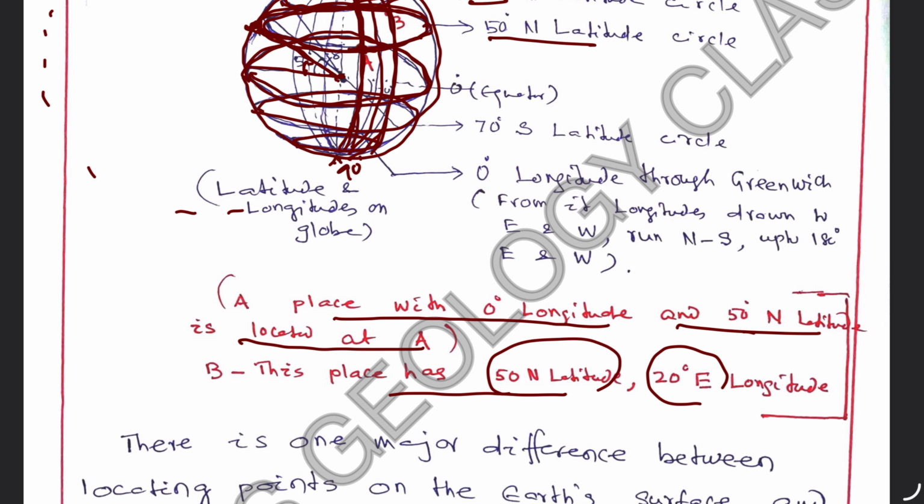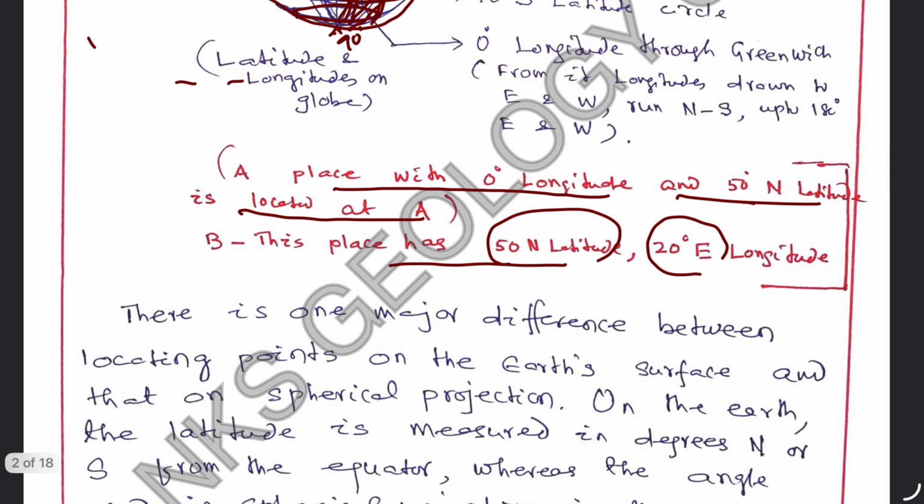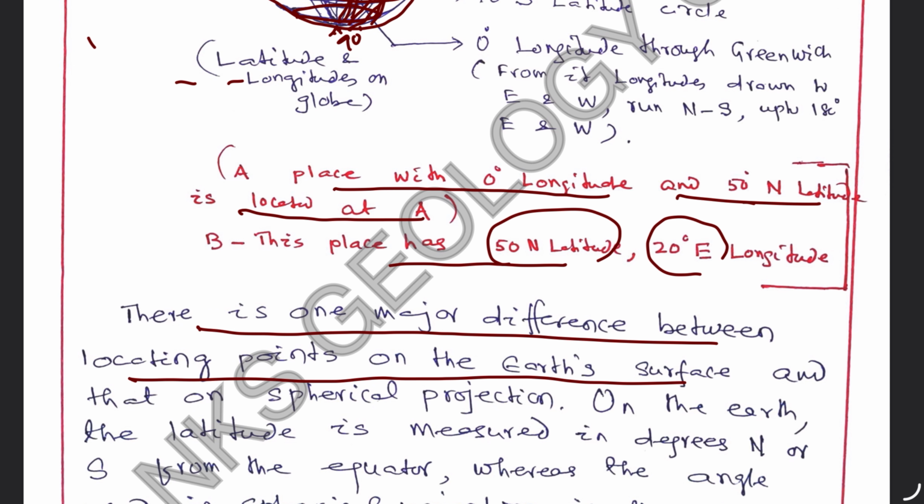So, the poles of the spherical projection have an angular relationship that is similar to the latitudes and longitudes of a place on the earth surface. There is one major difference between locating points on the earth surface and on the spherical projection.